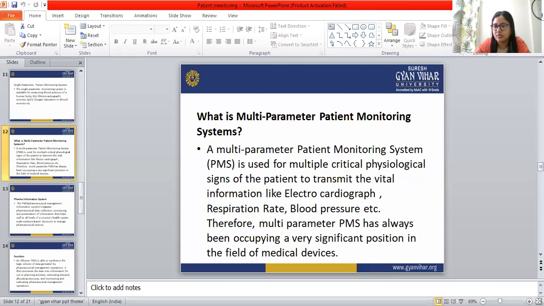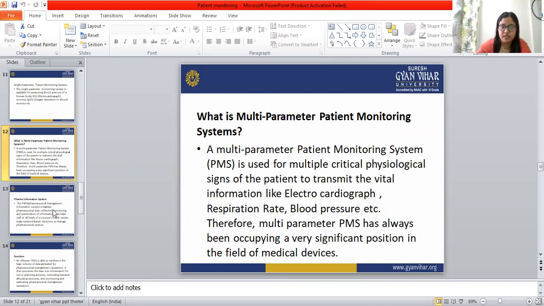Arman, please unmute. Yes, ma'am. Is this clear? Yes, ma'am. Okay, Musa also sent the message. Yes, clear. So, is there any doubt to anyone? If you have any doubt, you can ask me now. So, I think the computerized patient monitoring system is clear to everyone.